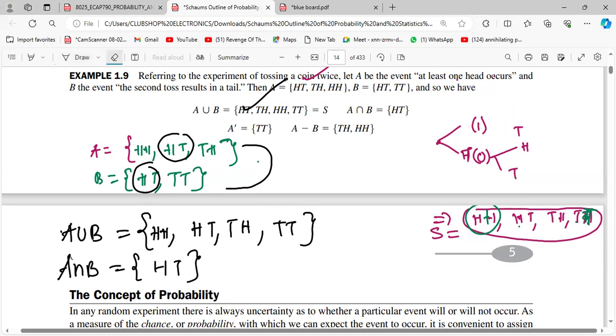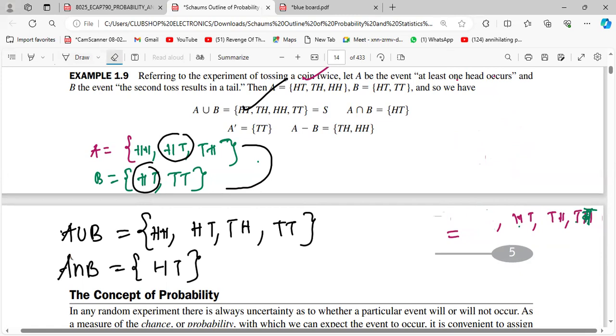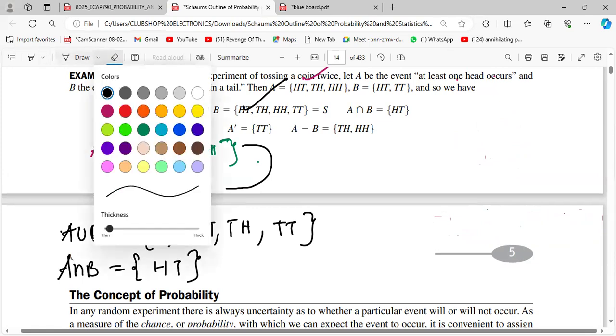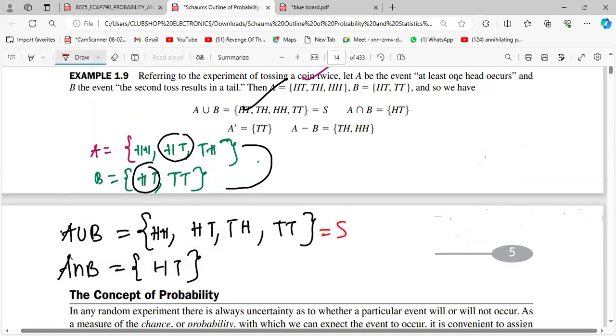But now, for A complement, you need to know that A union B in this case will represent our sample space. So our sample space, like I said earlier, is HH, HT, TH, and TT, right? If we want to find A complement, what is A complement?